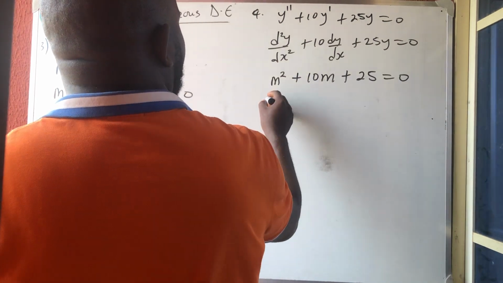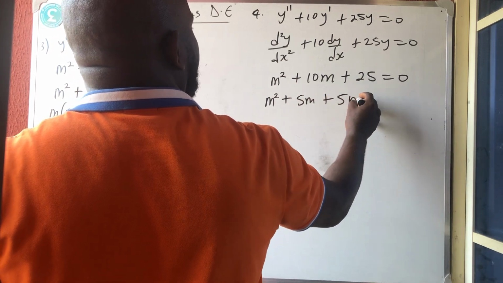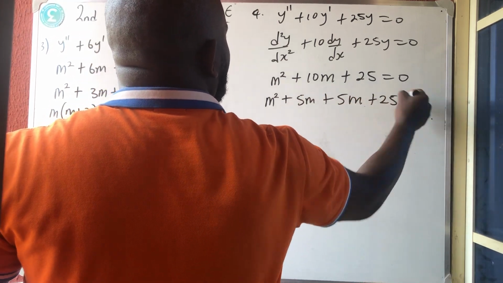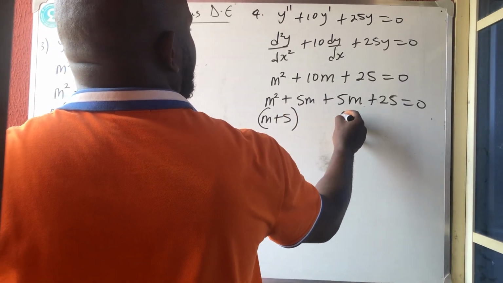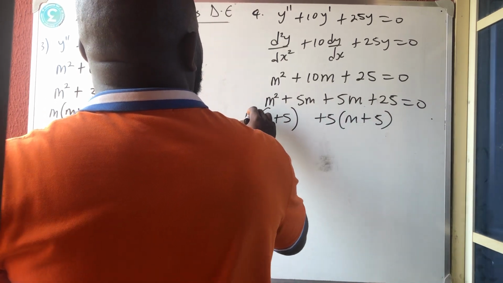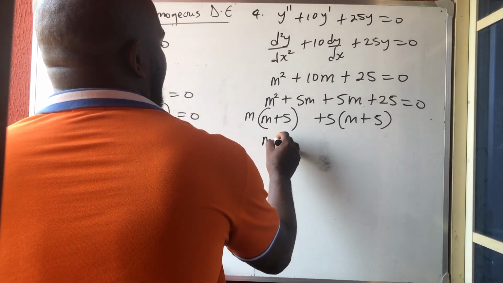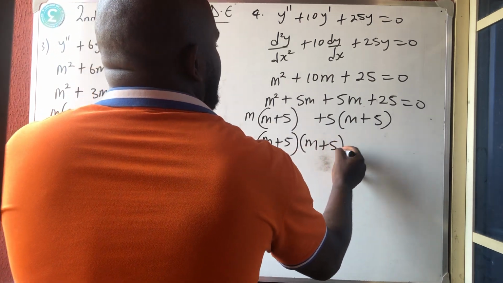So let's solve. I'm having m squared plus 5m plus 5m plus 25 is equal to 0. So what do we have? m plus 5, m plus 5. So it's now m plus 5 and m plus 5 is equal to 0.